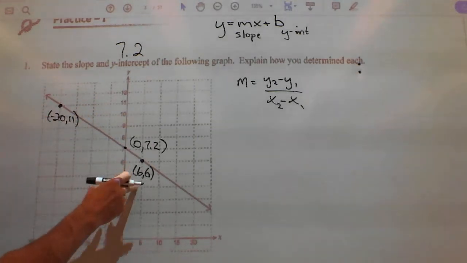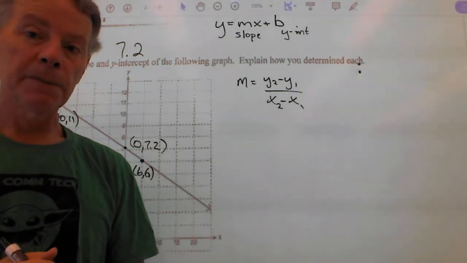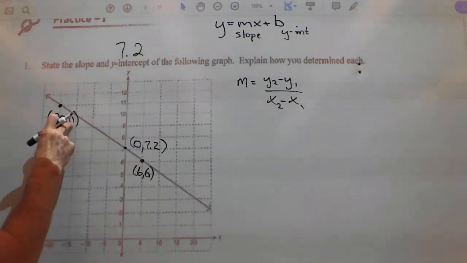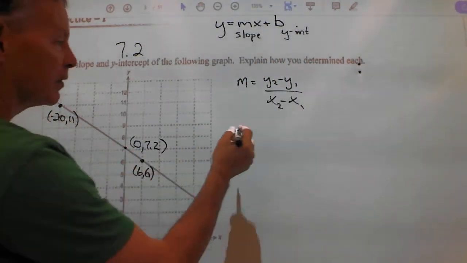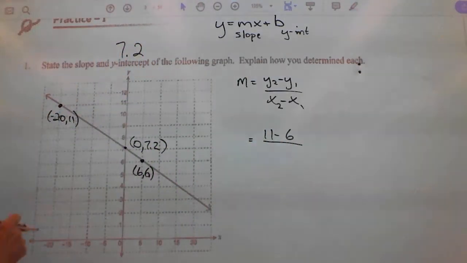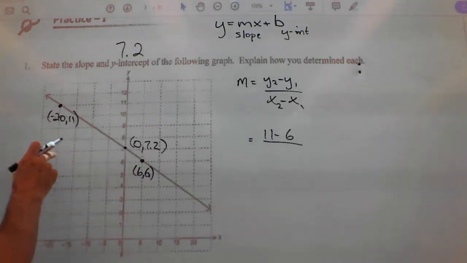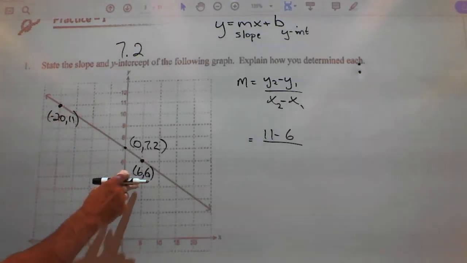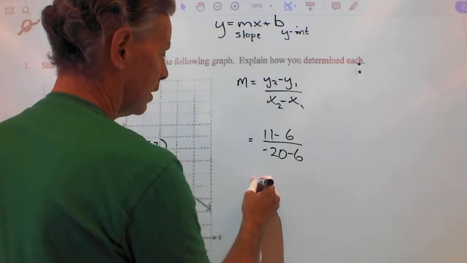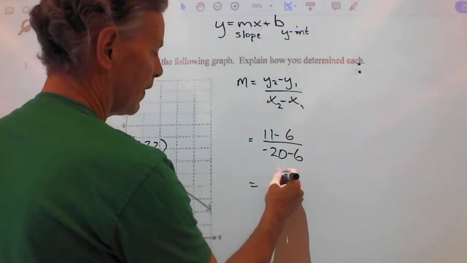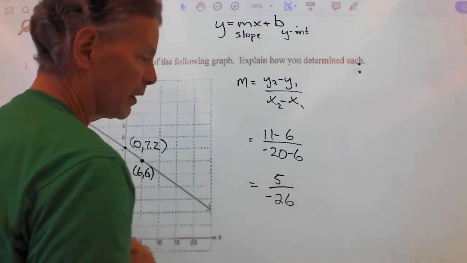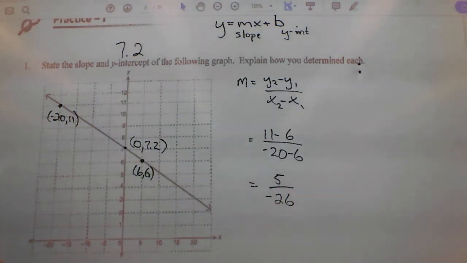These are the points that I'm going to plug into my slope formula. So y2 minus y1 becomes 11 minus 6. x2 minus x1 becomes negative 20 minus 6. And that gives us a slope of 5 over negative 26. Okay?